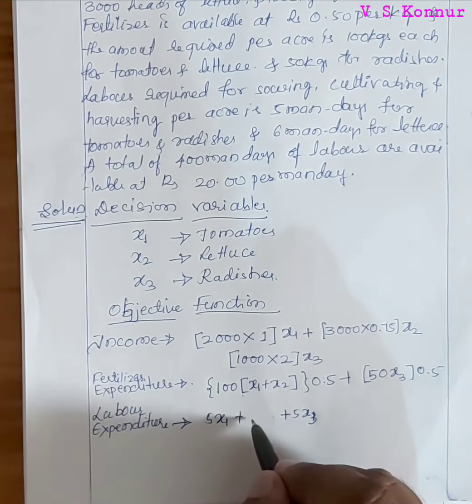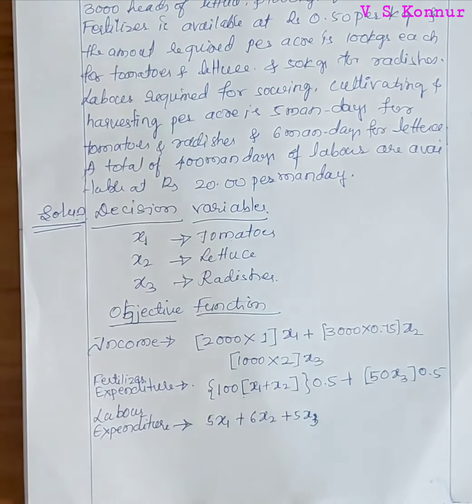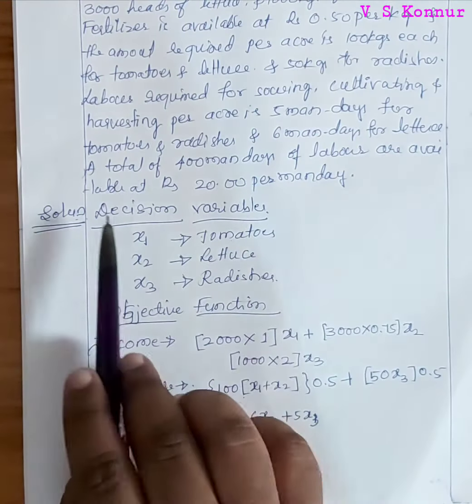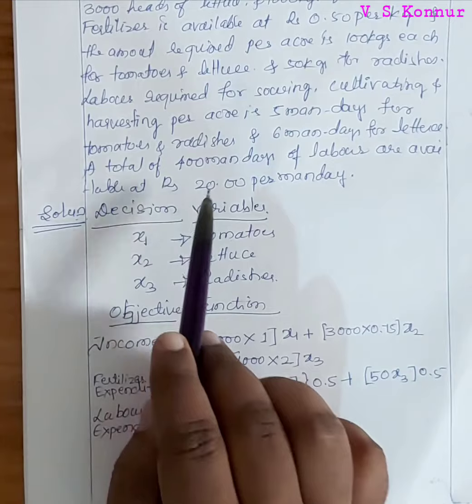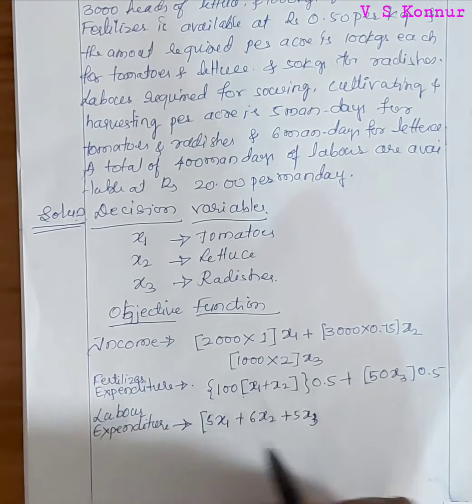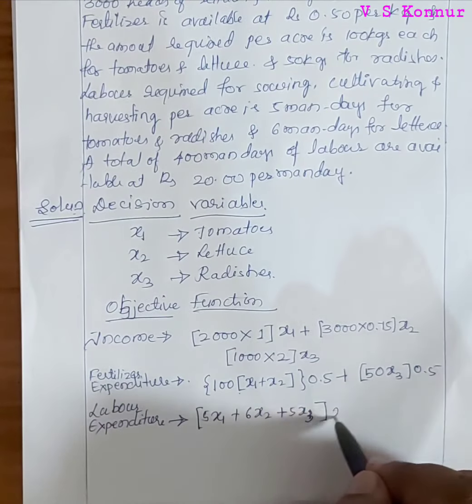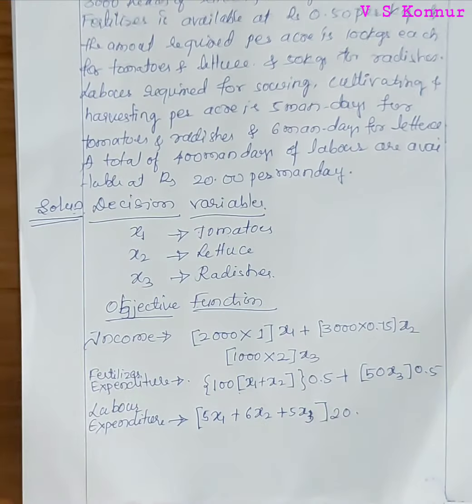Sorry, this is x3. Each labor is available for 20 rupees. So this is the income and expenditure we have written.